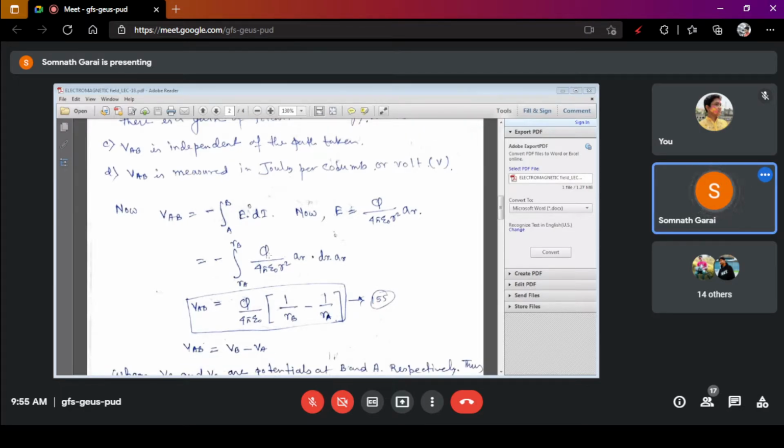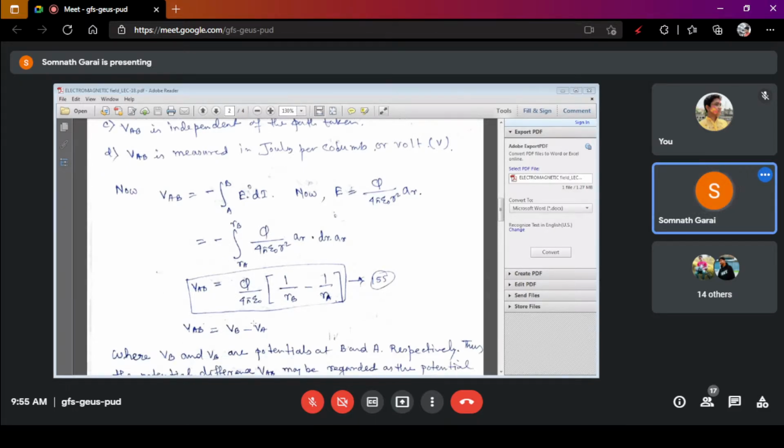Right. Now 4 pi epsilon naught is constant, so it is out of the integration. So VAB equals Q by 4 pi epsilon naught times the integration over rA to rB of 1 by R square dr, right? After integration it will be minus 1 by R, and this minus is already there.